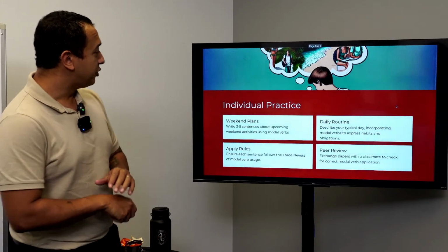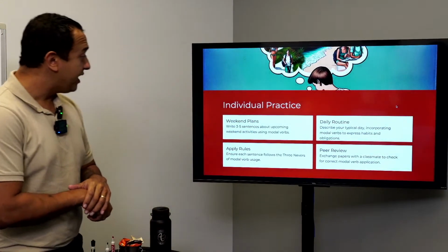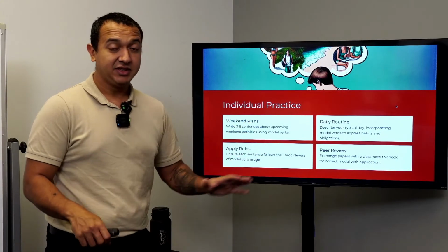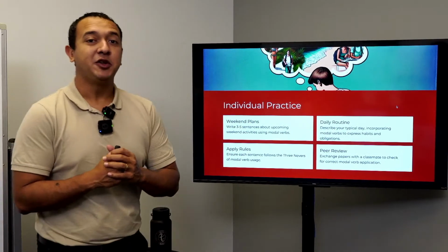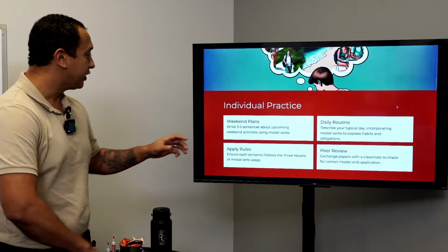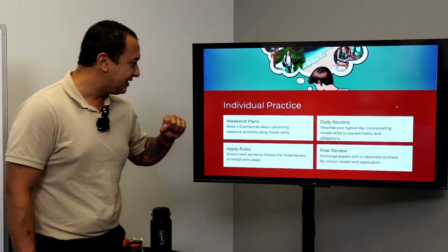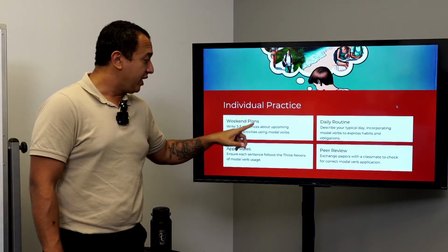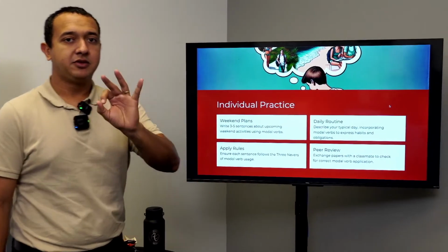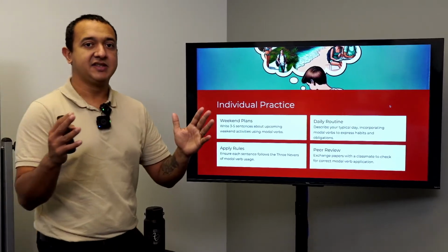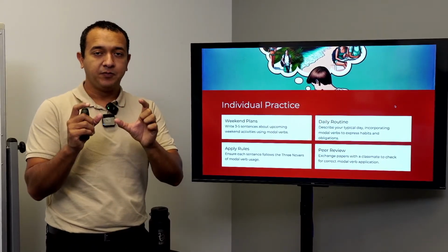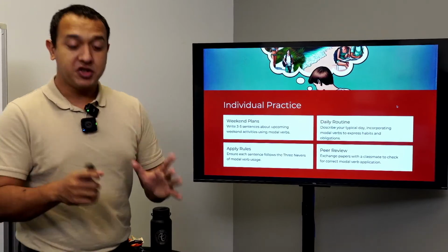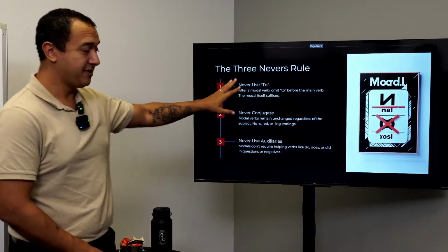We cannot do this group activity. And the individual practice, you can do it by yourself at home, okay? This is a good practice for you. Look, write 3 to 5 sentences about upcoming weekend activities using modal verbs. So if you want to create 3 to 5 sentences with the word will, go for it, okay? Just remember the 3 nevers.